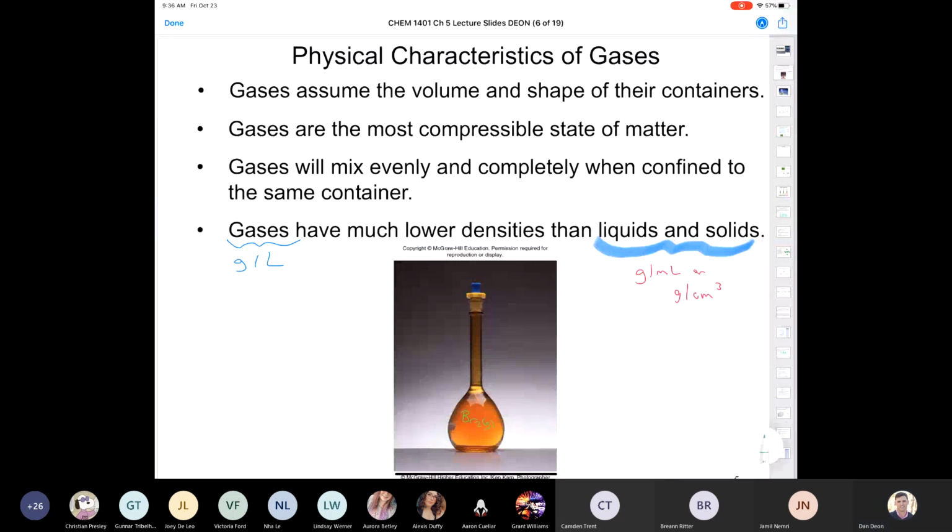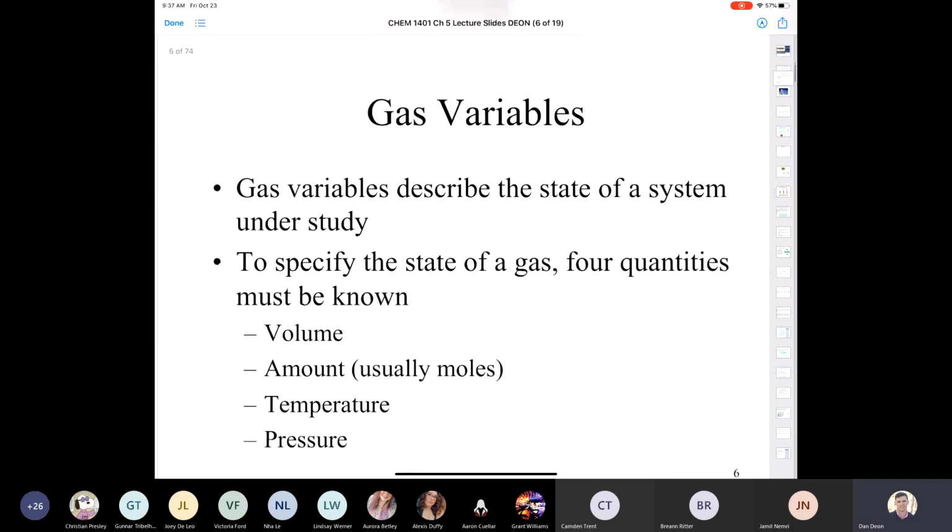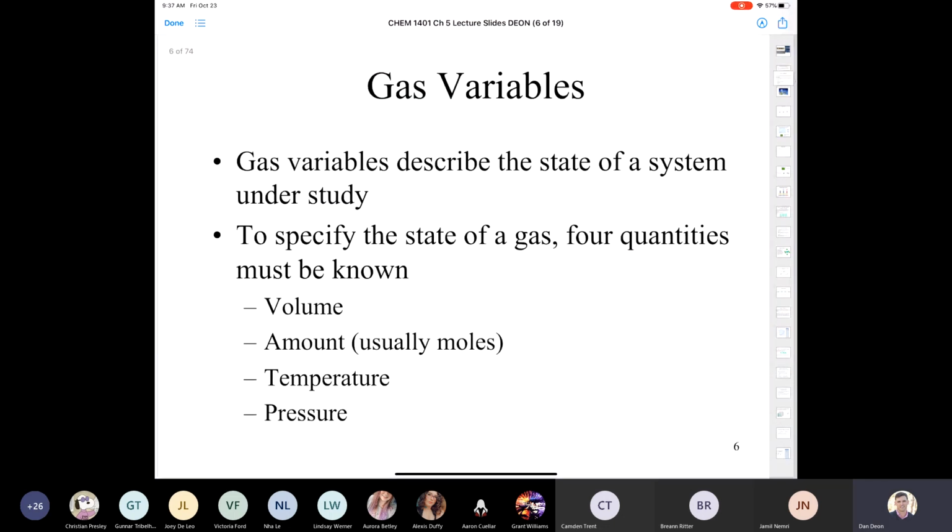Anyhow, regardless of what the identity of the gas is, the point is that you see how the gas completely fills the entire container, right? It takes up the volume and it takes on the shape of that volumetric flask. Kind of interesting.